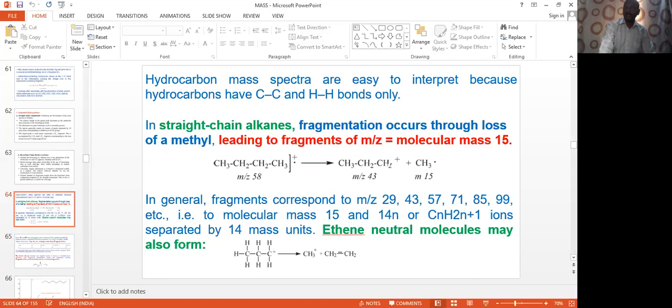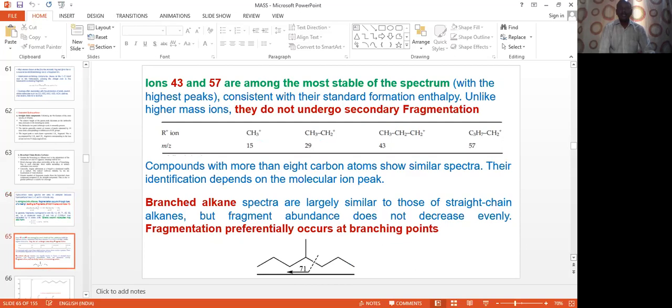Coming to the next slide, the ions 43 and 57 are the most stable in the spectrum, and you will find them abundantly in straight chain alkanes.